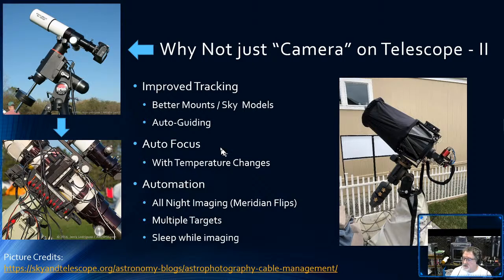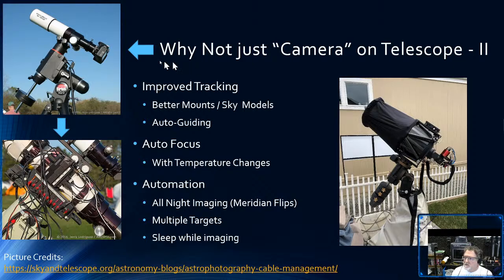Also autofocus. So, with this rig up here, I mentioned you could get focused with the aid of a Bahtinov mask or something at the beginning of the night, and you'd be good to go for a while. But what happens is the temperature changes as things cool off, and so that means things shrink, and that actually changes your focus point. And so you would have to keep focusing periodically over the night, so you'd have to slew away from your object to a bright star and refocus and then slew back to your target.